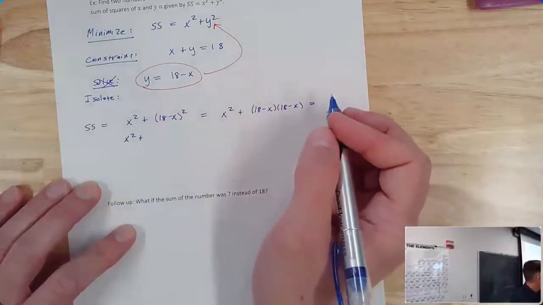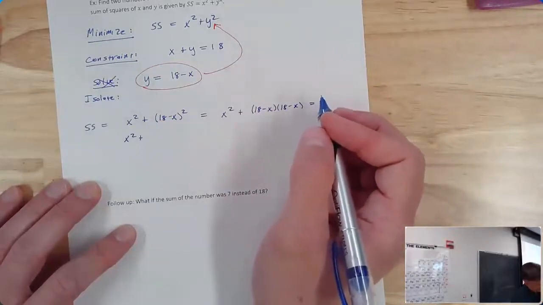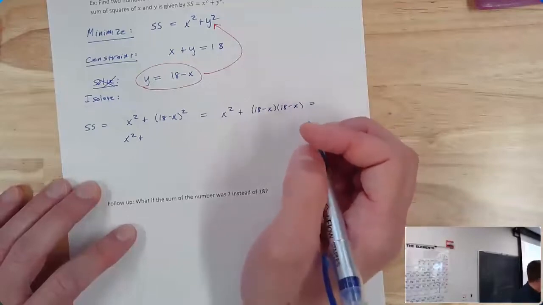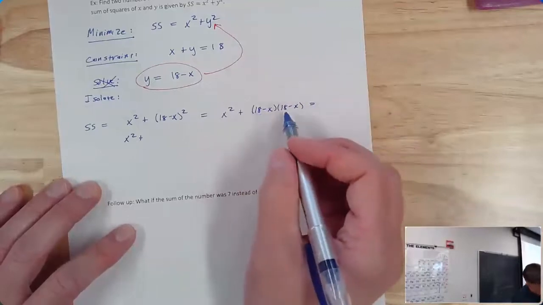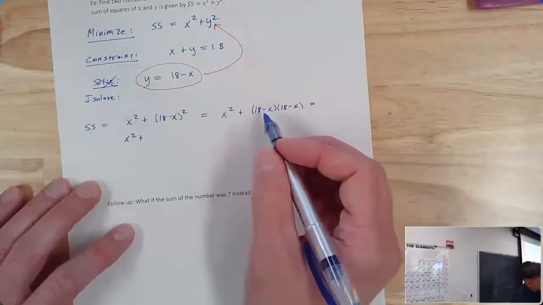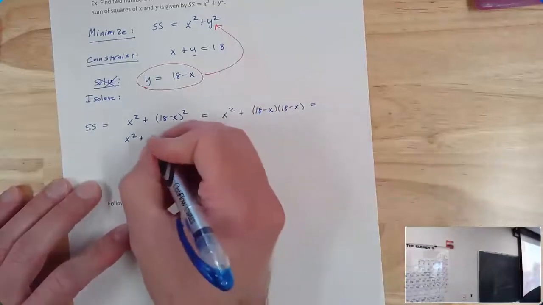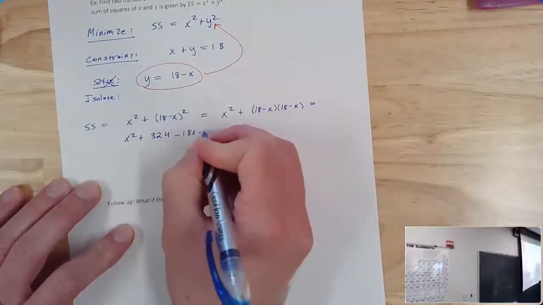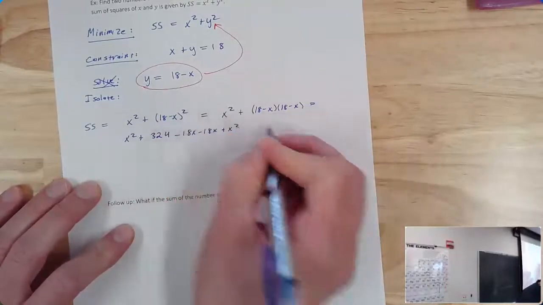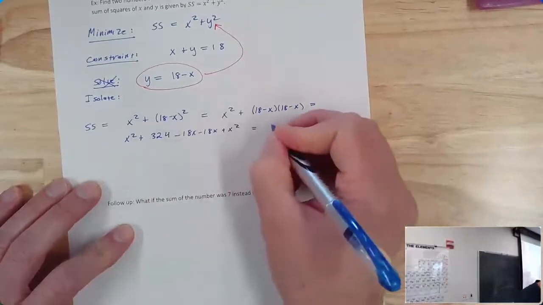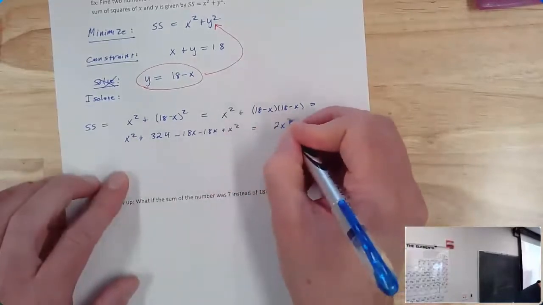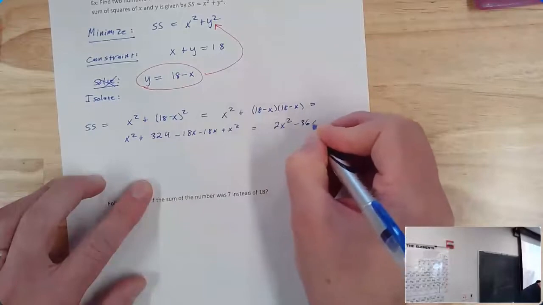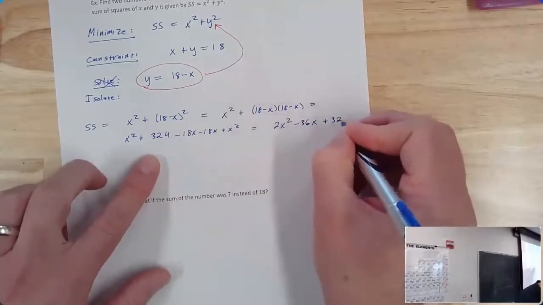Let's see, 9 times 9 is 81, times 2 times 2, yep, 324. Minus 18x minus 18x plus x squared. So simplifying this, I've got 2x squared minus 36x plus 324.